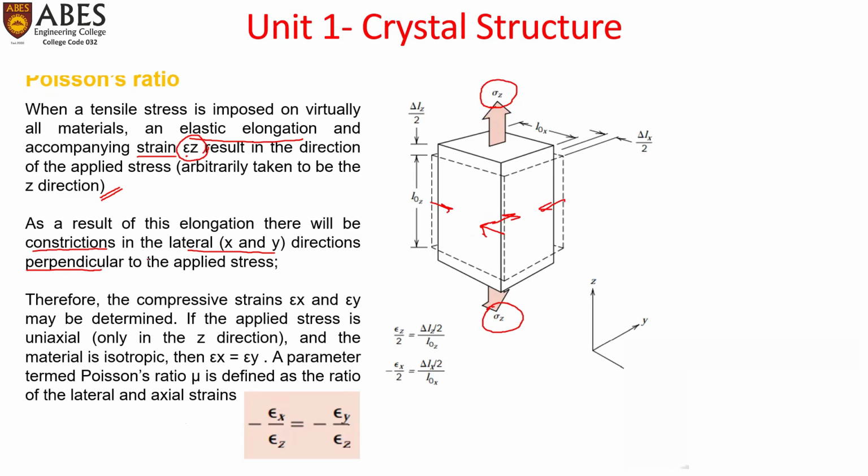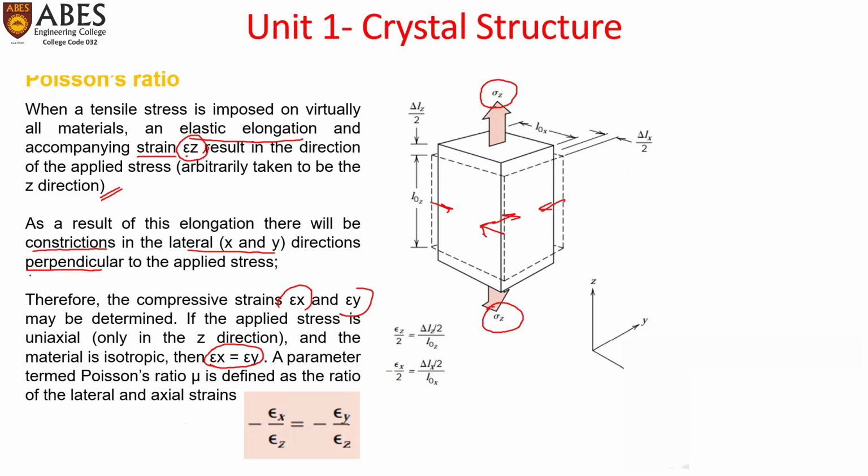So overall, the compressive strains epsilon x and epsilon y may be determined if the applied stress is uniaxial, only in the z direction. If the applied stress is only in the z direction and the material is isotropic, then epsilon x is equal to epsilon y, and it is opposite to what is happening in the z direction. Means if it is elongating in the z direction, then the x and y axes would be constricting, and vice versa.